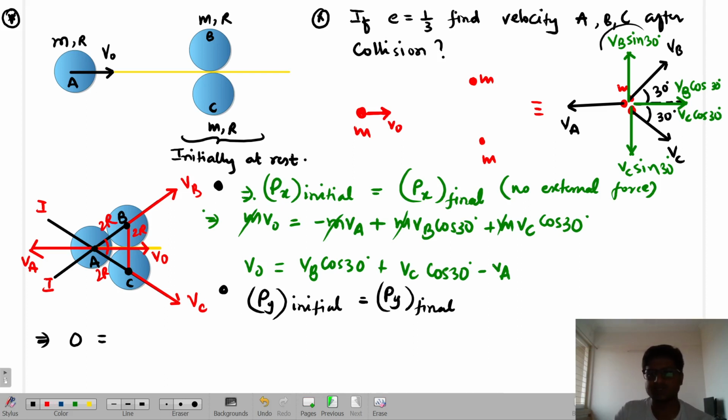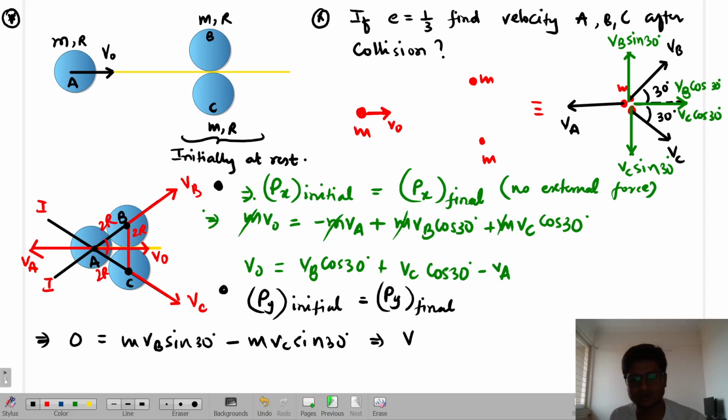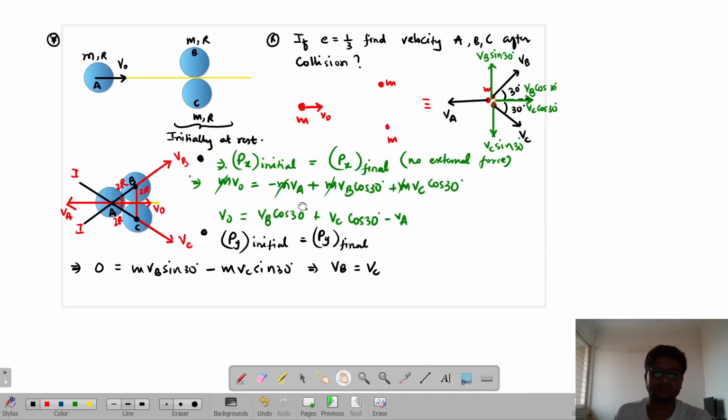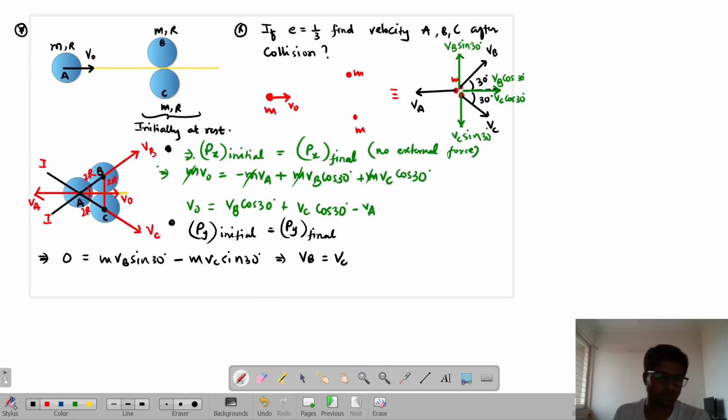P y final: this one is upwards, so m v_B sine 30, and this one is downwards, so minus m v_C sine 30. So this gives me that v of B must be equal to v of C. Is this clear or not? Now let us move to the next checkpoint.